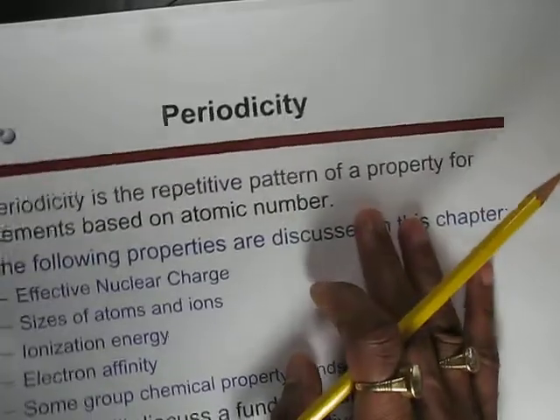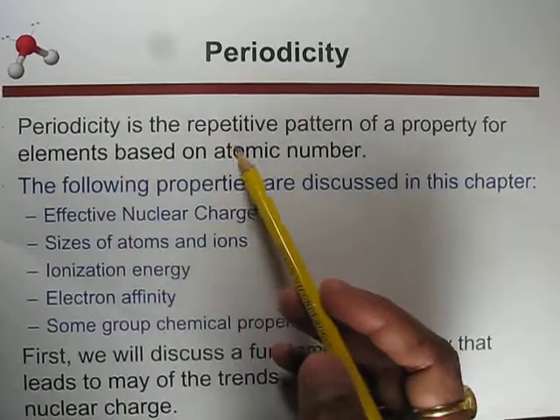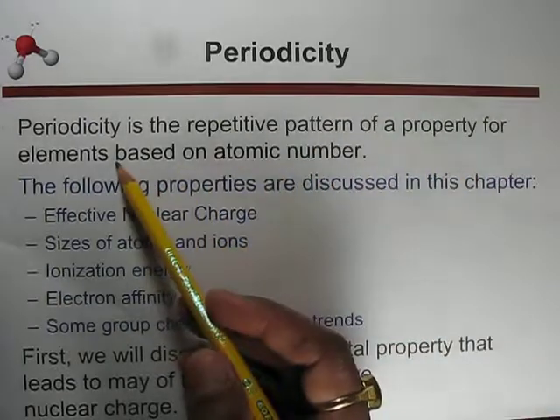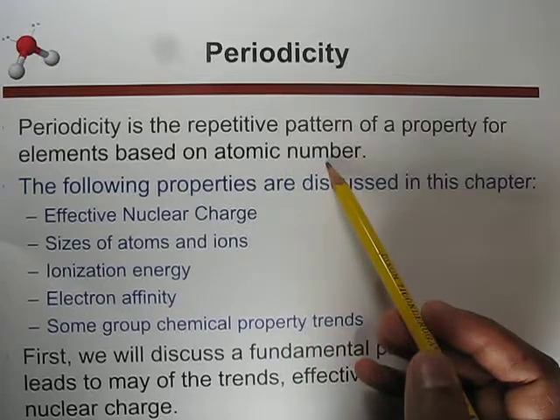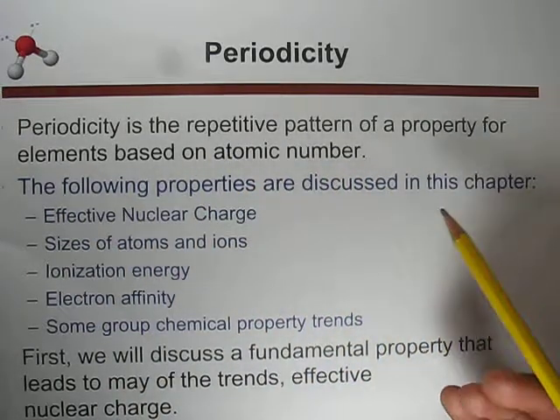And in case of periodicity, what is the meaning of periodicity? Periodicity means it is the repetitive pattern of a property for elements based on the atomic number. So the following properties we will discuss in this chapter.